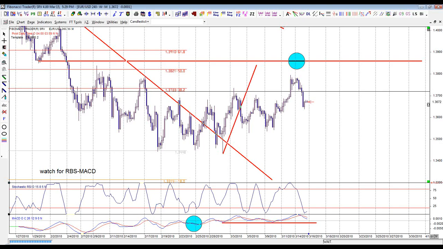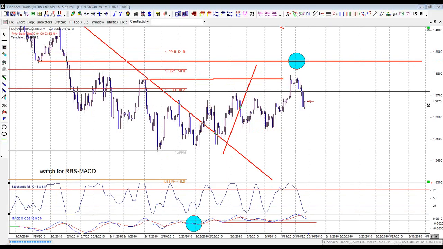A good trade for us would be if we take the previous high. The high here taken, and the trend line broken, is a very good indication of the trend reversing.